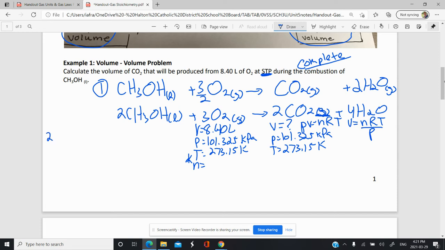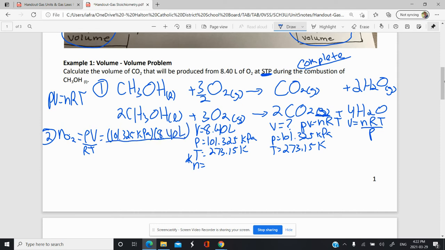Number two is going to be to find the number of moles of O2. And so that's going to be n of O2 is equal to, so remember we have PV is equal to nRT. So n is going to be equal to PV over RT. And so that's going to be pressure is 101.325 kPa times the volume, which is 8.4 liters, over the R, which is 8.314.